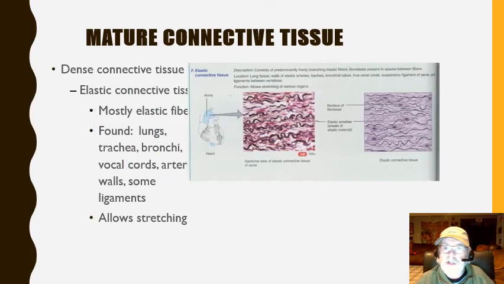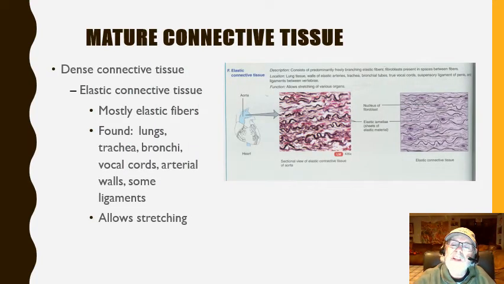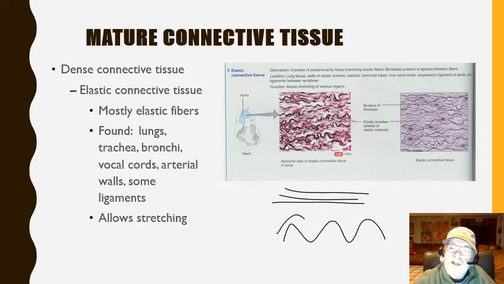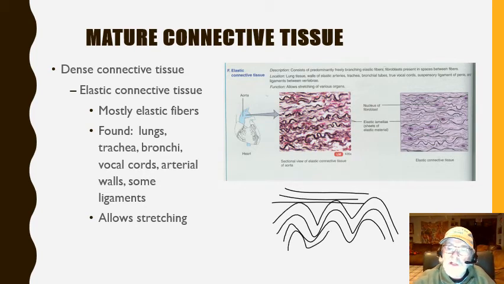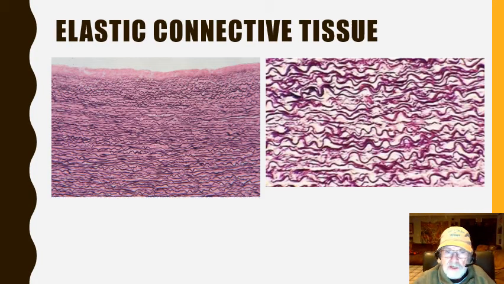Which allows stretching. And it does so because, if you look at these little squiggles here, instead of being straight parallel lines, they're squiggly lines. Like I said before, it looks like a pan of lasagna from the side, where you see all the little squiggly lines all over. Let's look at a better picture. See all the little squiggly black lines in there?